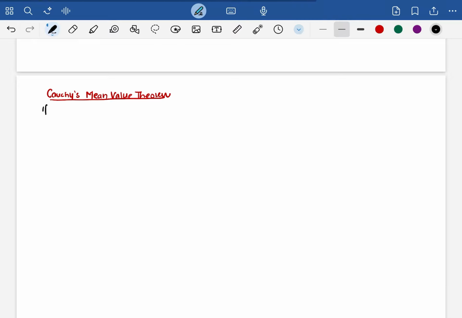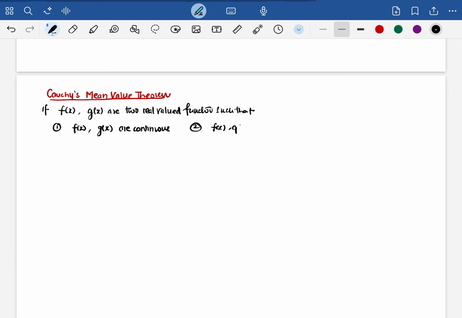If f(x) and g(x) are two real valued functions such that, first clause is similar, f(x) and g(x) are continuous. Second condition, f(x) and g(x) are differentiable.